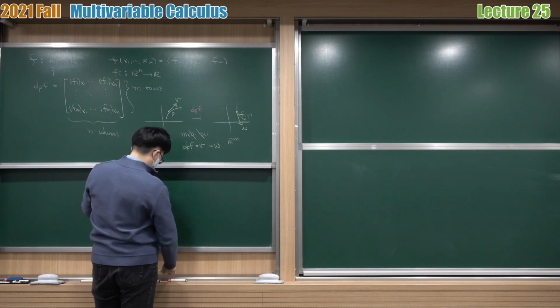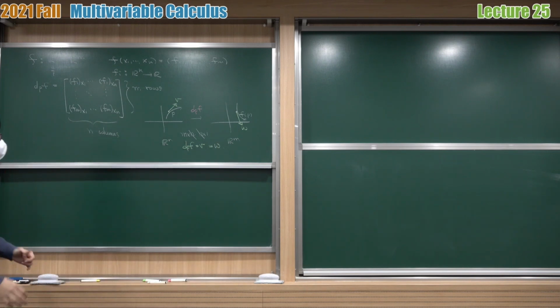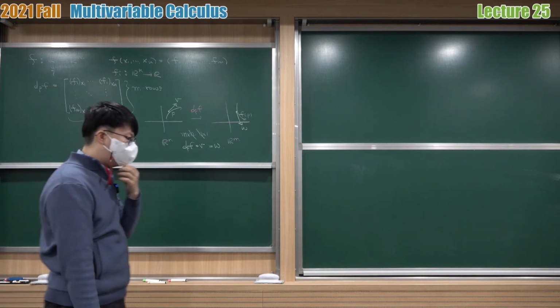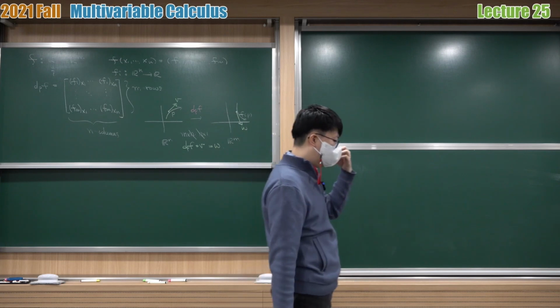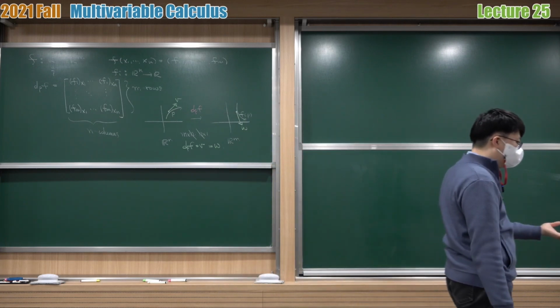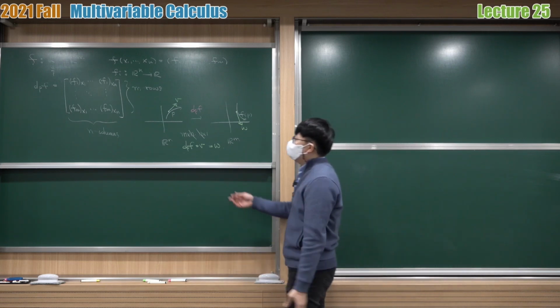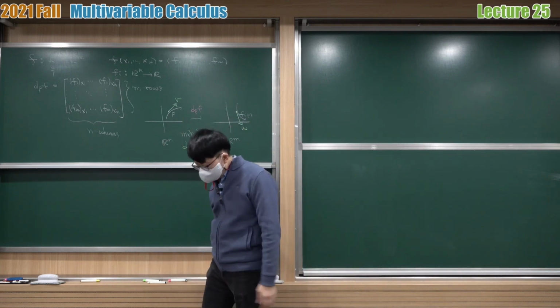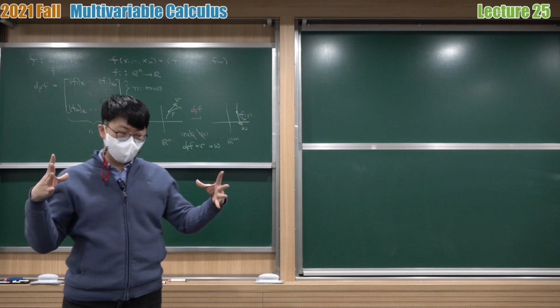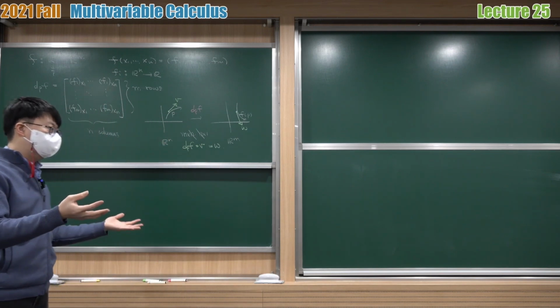So this is the essence, the real meaning of differentiation. By taking the derivative of a function, I can say how much the value of the function changes according to the changes in the input variables x. That's exactly the same as what we learned in the single variable case.